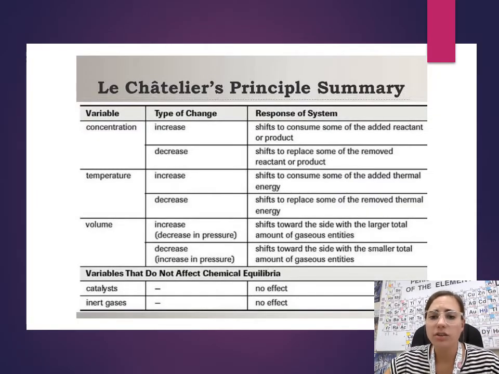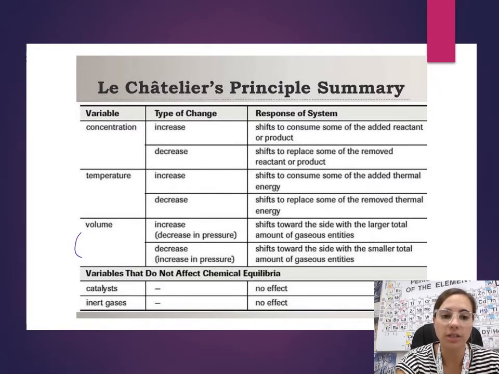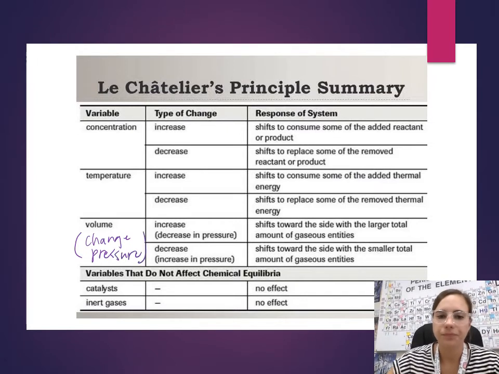Okay, so this chart summarizes all those changes we just talked about: changing concentration, changing temperature, and then changing volume, which is indirectly changing pressure. All right, so this summarizes all of that.